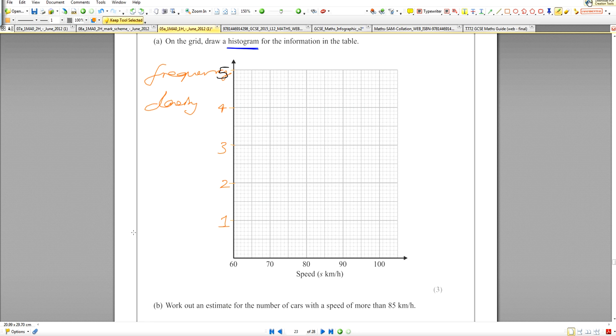Okay, the first one is 60 to 65, and the height is 3. Let's change color. Let's go for the dark green, and let's get a square. Please, folks, bear with me while I try my best to get this nice graph. Okay, I did ask for a different color. Let's just change it.